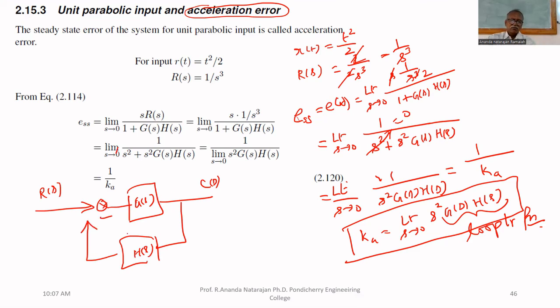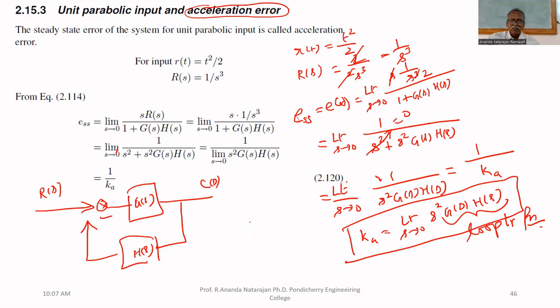If you find the loop, the closed loop, G of s H of s is there. That's why G of s H of s is called the loop transfer function. So if you multiply by s and let s tends to 0, you will get velocity error.